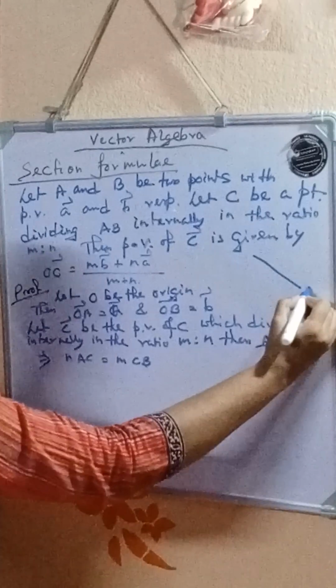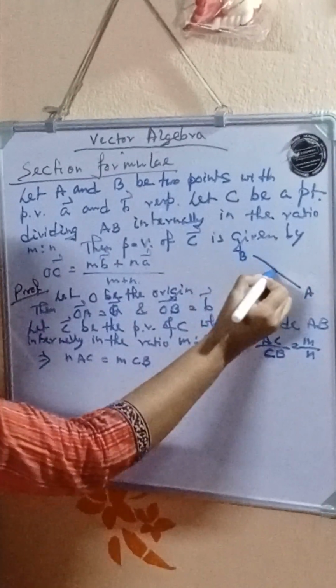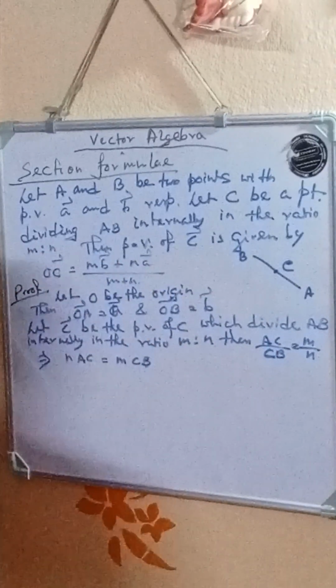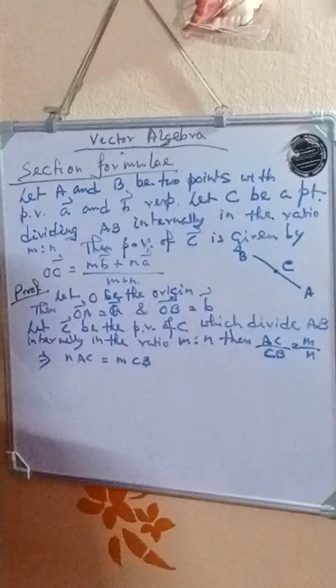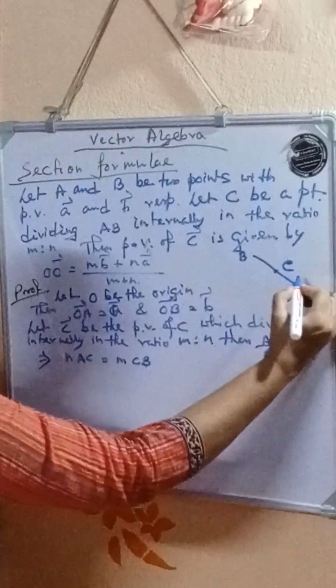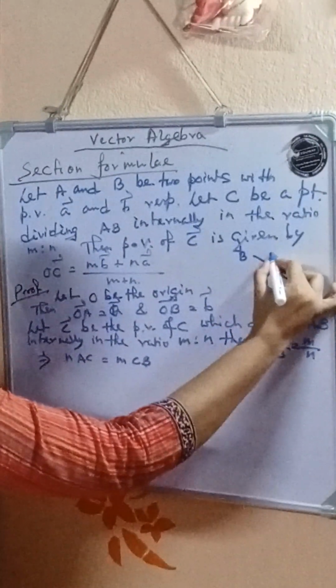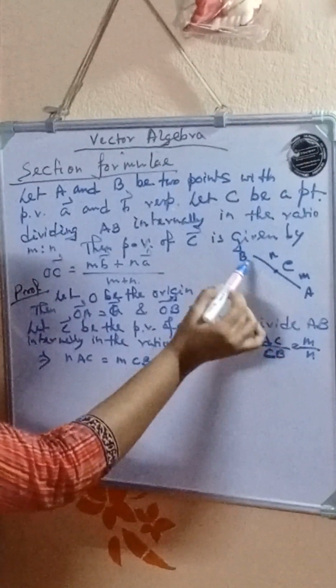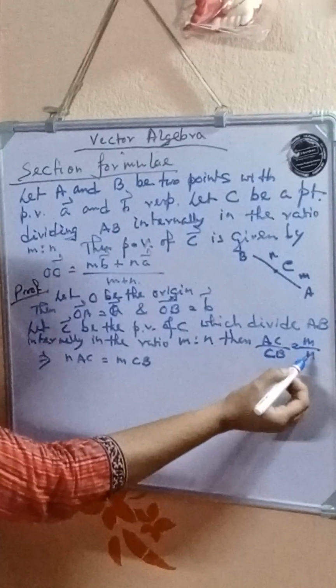This is AB vector, this is C. C divides AB in the ratio m is to n. This is m, this is n. Therefore, AC by CB equals m by n.